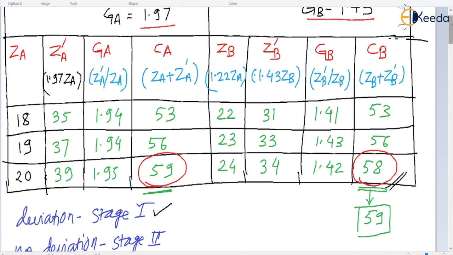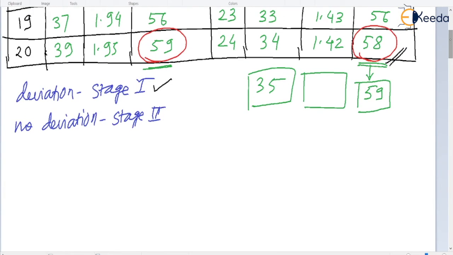We have already calculated that ZB dash is equal to 35, and now we will calculate GB, that is the gear ratio. How can we proceed? We know that GB is equal to ZB dash upon ZB, which is also equal to NB upon NB dash.